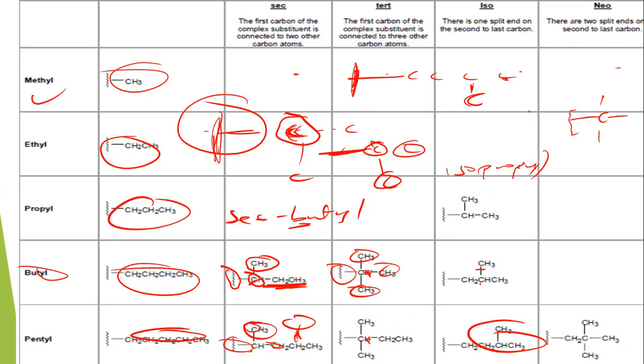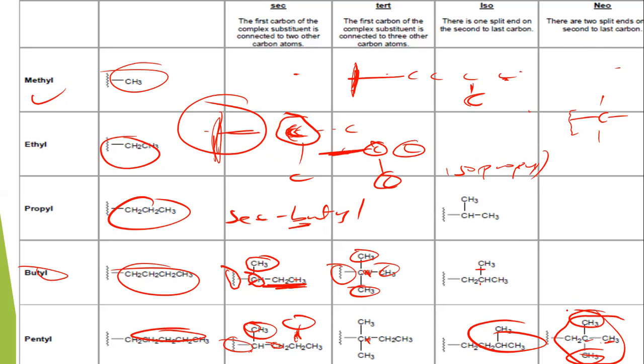Now, we are saying that if it's neo, then there are 2 splits on the last but one. So this is the last carbon, this is the last but one carbon. If there's one split, it is iso. If there's 2 splits on the last but one carbon, then it is neo. So this is neopentyl. The total number of carbons here should be 5 so that it shows it's pentyl.